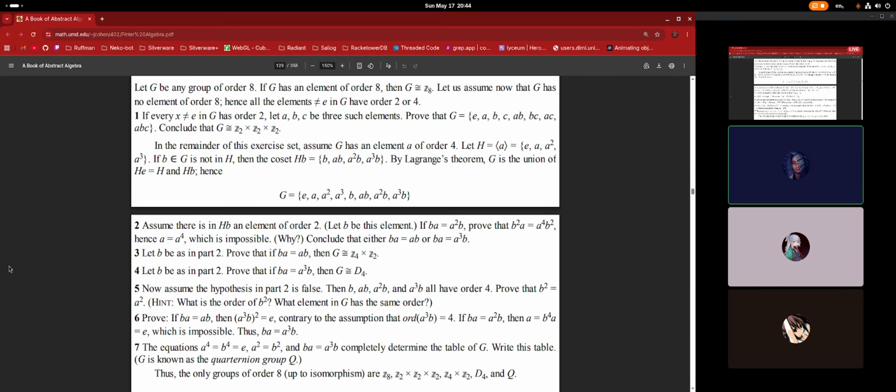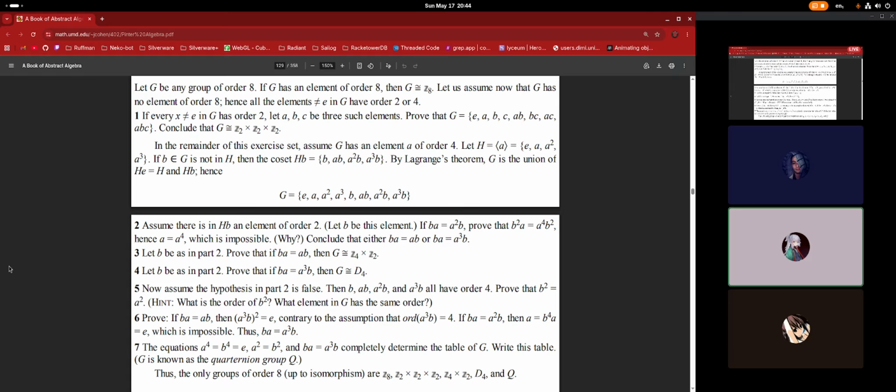Thus, the only groups of order 8 up to isomorphism are modulo 8, triplets of modulo 2, pairs of modulo 4 and modulo 2, D4, and quaternions.